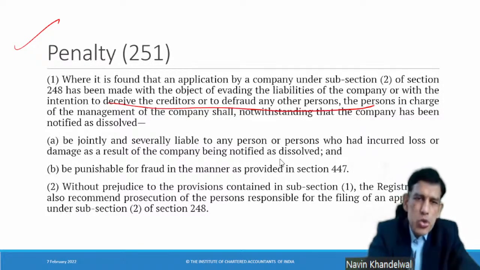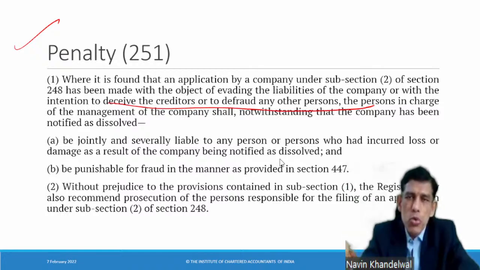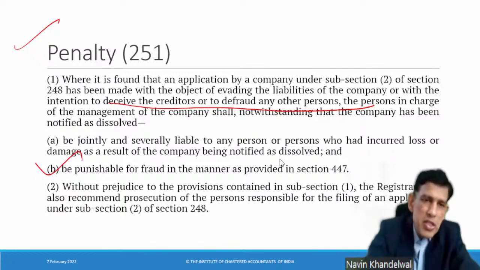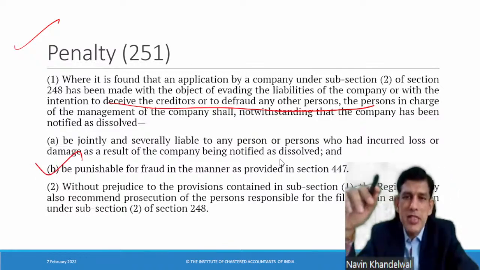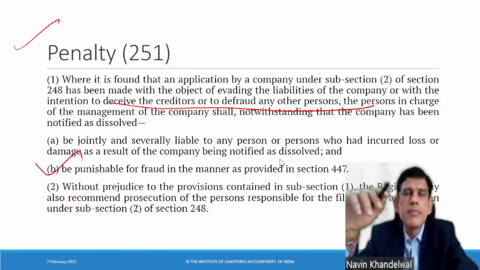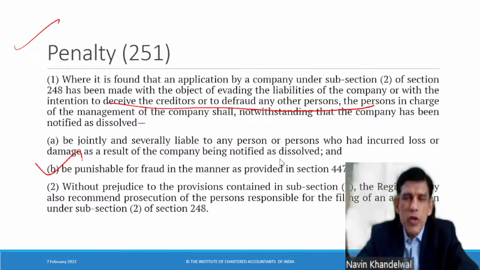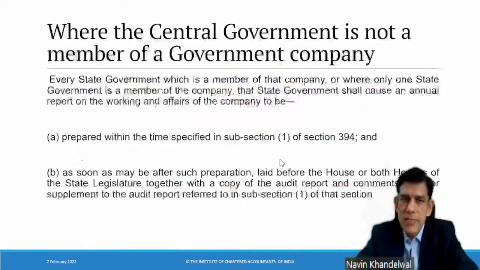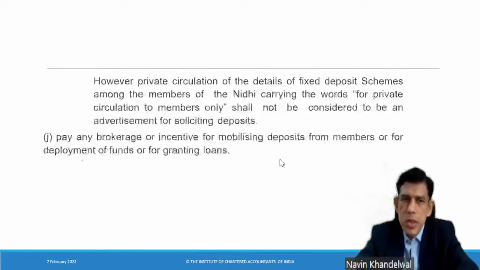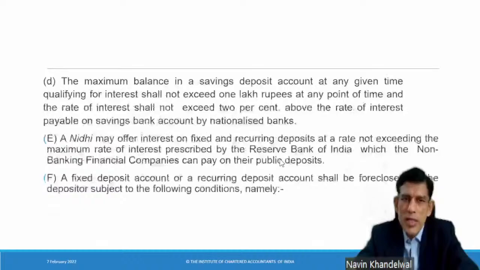That means virtually you are trying to close down the business of the company, then you shall be punishable for the fraud in the manner as provided in section 447. So even if you are closing down a business, you may be subject to penal provisions under 447.